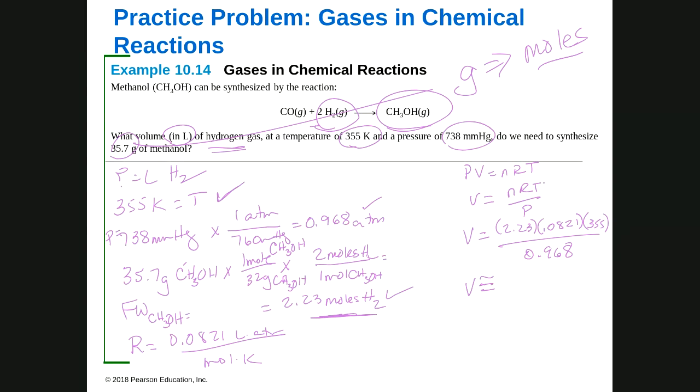Approximately 67.1 liters. Now, I've had some people get like 66.9 and things like that, but that's okay. As long as you have it set up correctly, it just depends on how many significant figures and how you round. So, but approximately 67 liters is the answer.